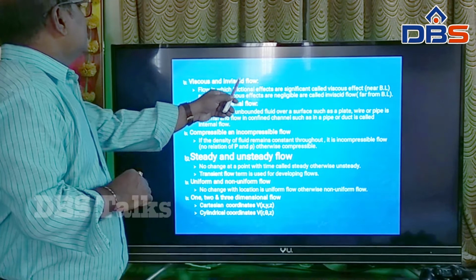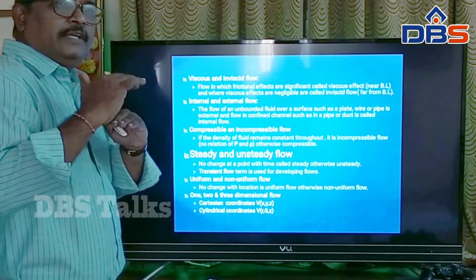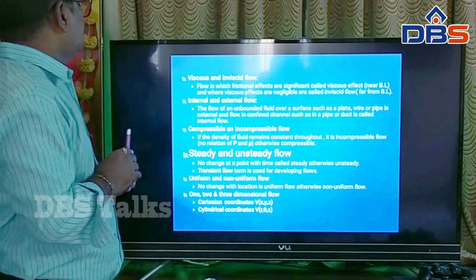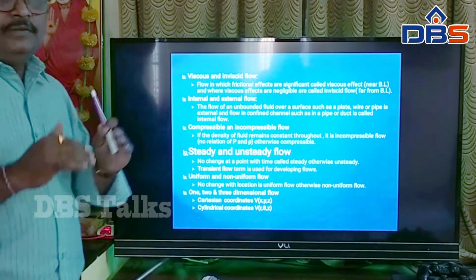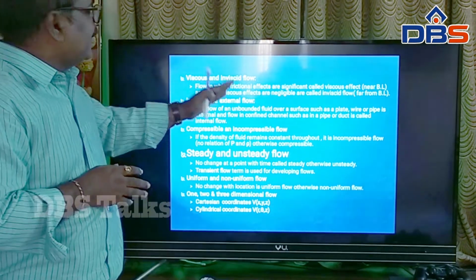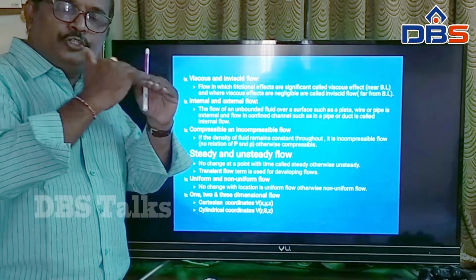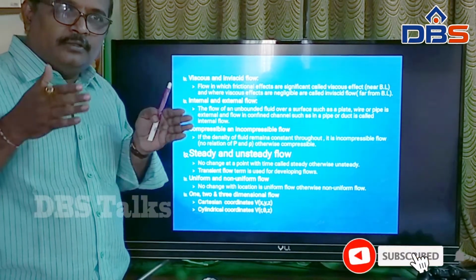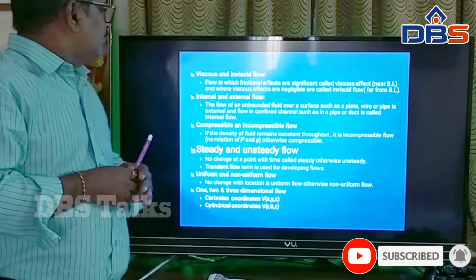In inviscid flows, there won't be any frictional effects between the fluid layers. Coming to the internal flows and external flows, if there is a flow over a flat plate, we can take it as external flow. If there is a flow inside the tubes and in channels, we can take it as internal flows.